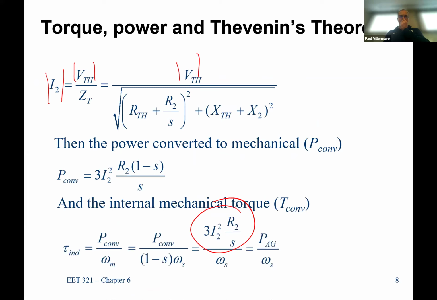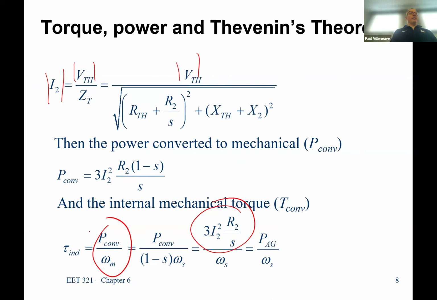Okay, you see the induced torque is called the power, the air gap over the omega sync, right? That is what we use on the first example. But it's really this, remember?